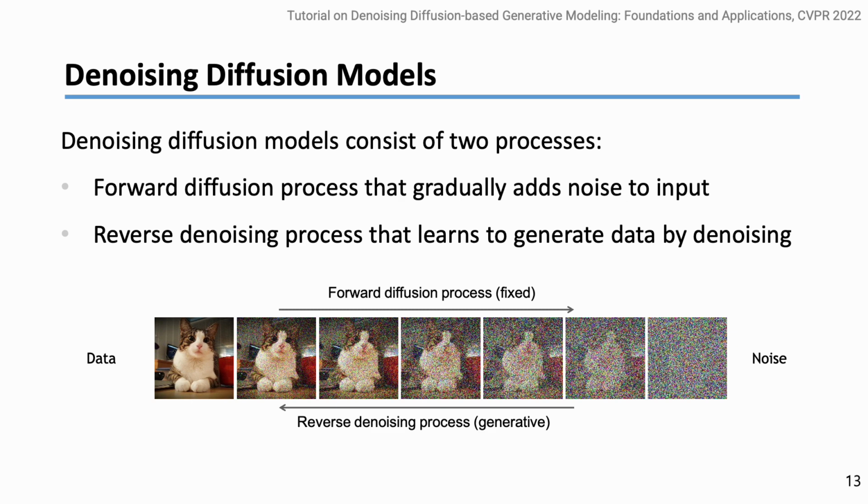The second process is the reverse denoising process that runs to generate data from noise. This process is shown on this slide from right to left. It takes a noisy image and generates a less noisy version of it, and it repeats this process such that it can convert noise to data.